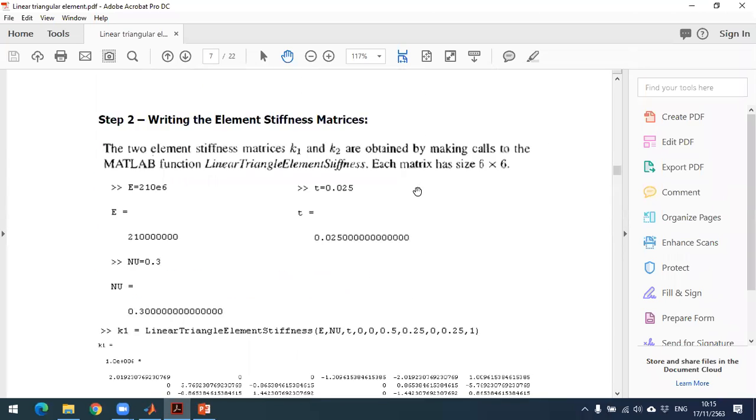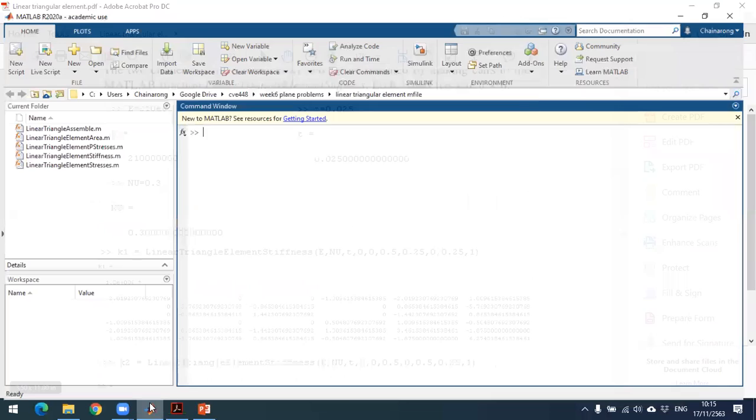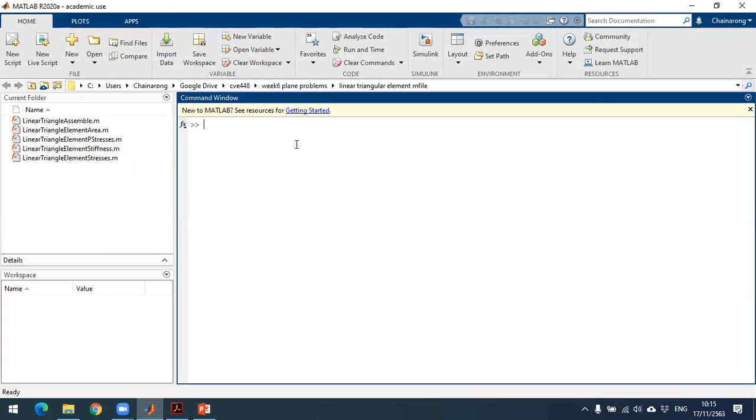So we start by opening MATLAB and selecting the correct workspace, the folder where you stored the file.